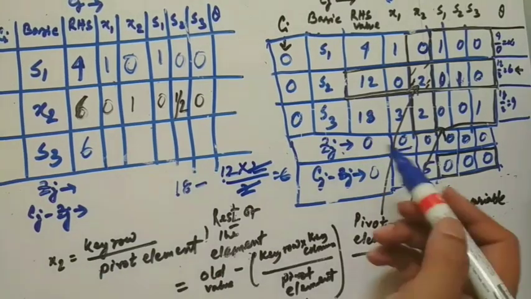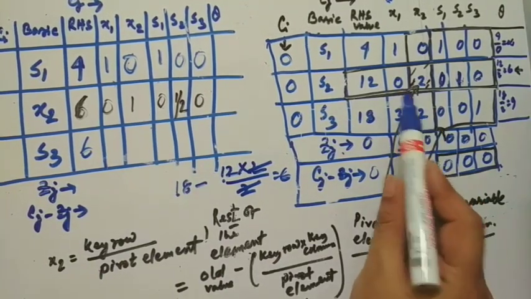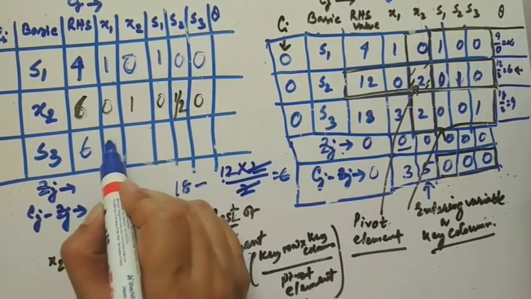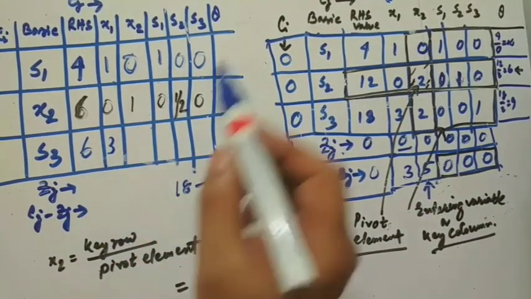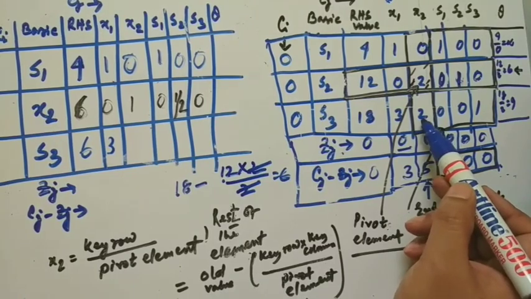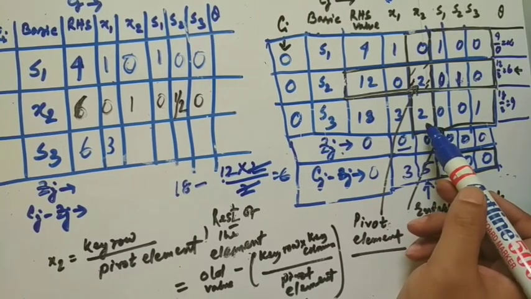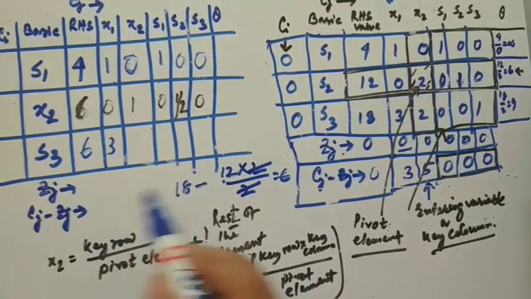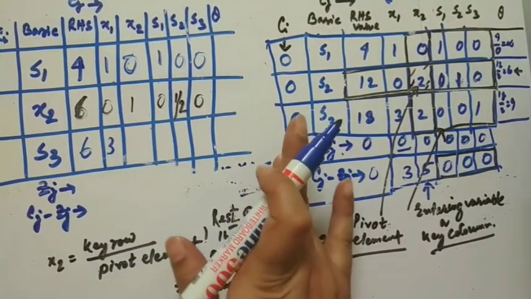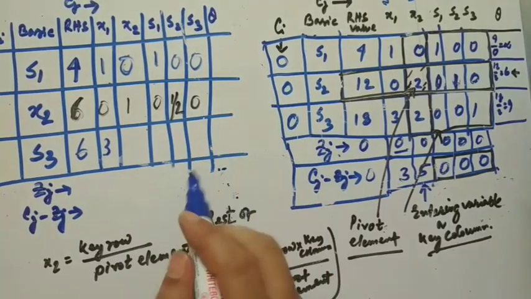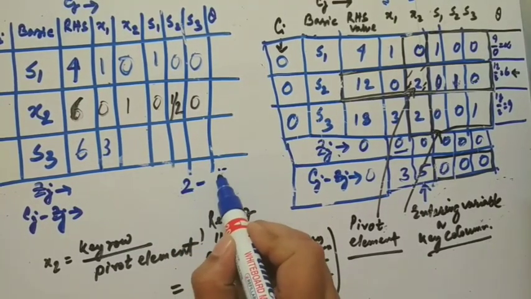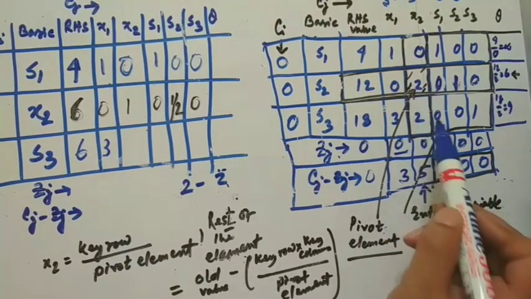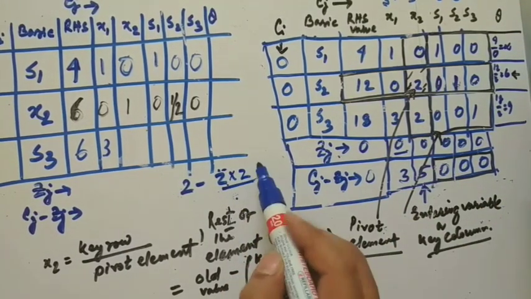Now for this one, 3, corresponding 2 into 0, so 0, old value is 3, so 3 minus 0 gives you 3. Now for this next one, 2, what will be the value? 2 is the old value, so you can write 2 minus corresponding key row and key column into 2, by 2.